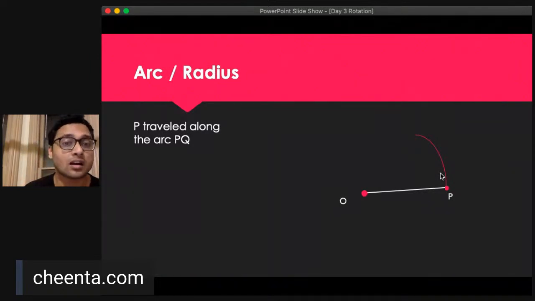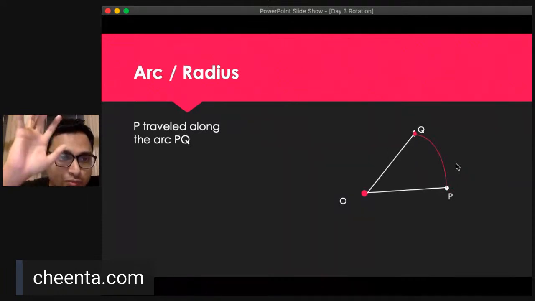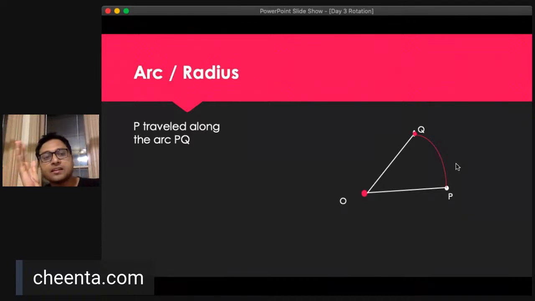An arc is precisely this red path along which the point P has traveled. In this little animation, the point P travels along that path and hits the point Q. So now our question is how much rotation has taken place.